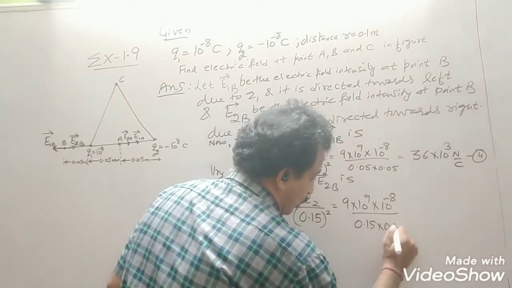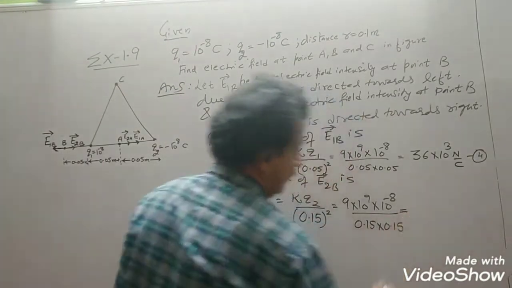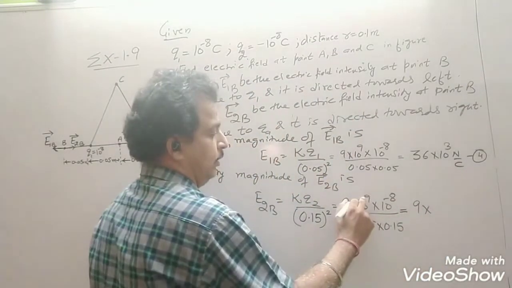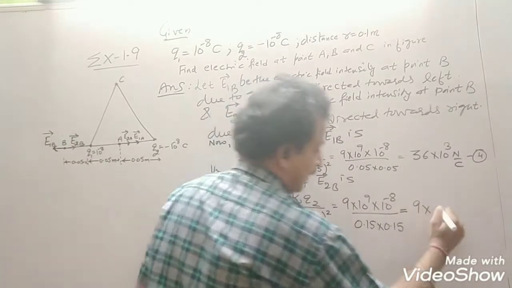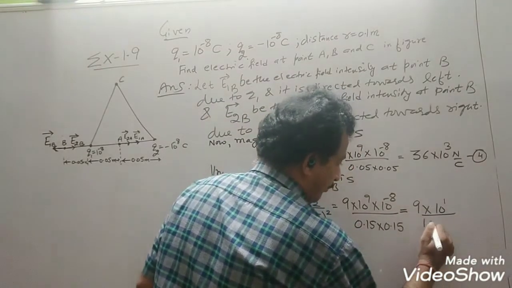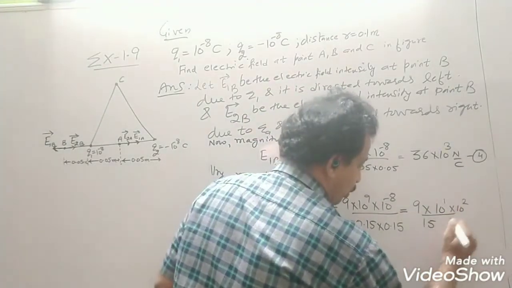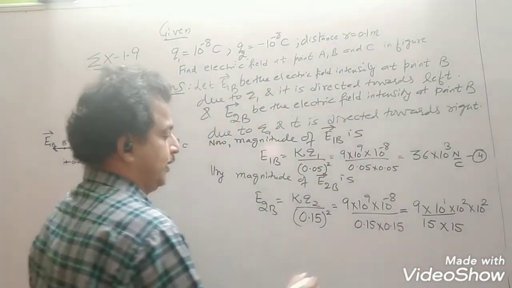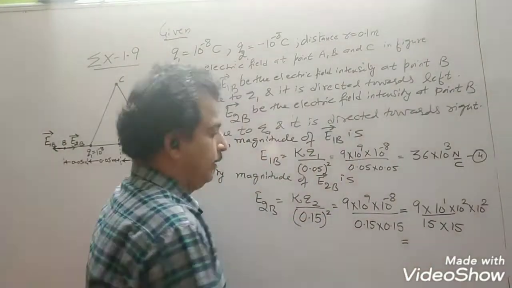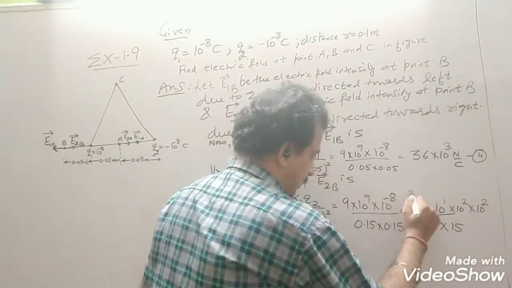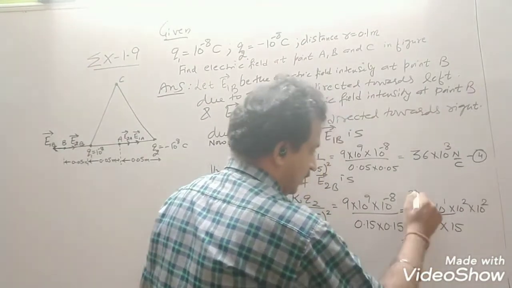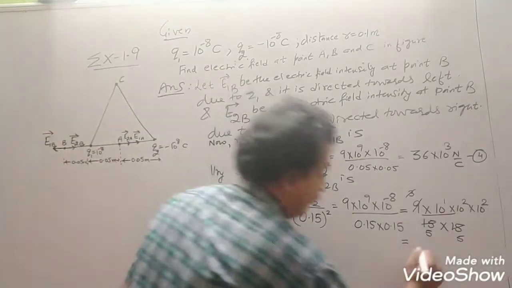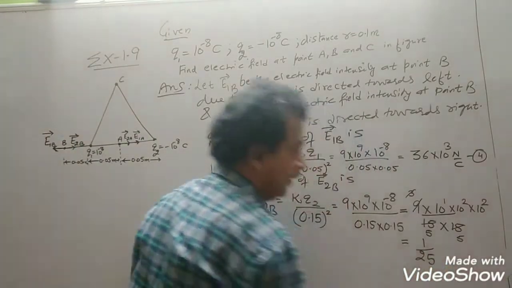So this can be written as 9 into 10 raised to 1 upon 15 into 15 into 100, which gives 1 upon 25.